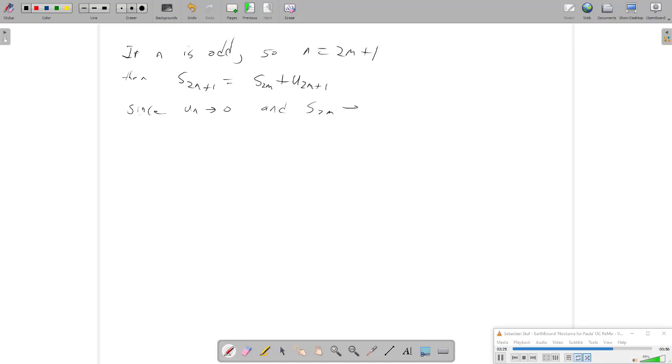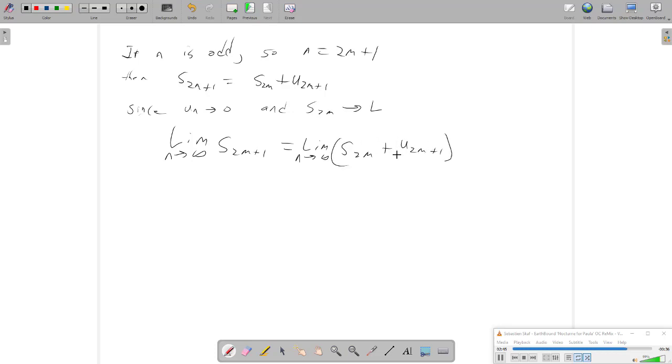s sub 2m goes to L, the limit as n goes to infinity of s sub 2m plus 1 equals, well, the limit as n goes to infinity of s sub 2m plus u sub 2m plus 1.